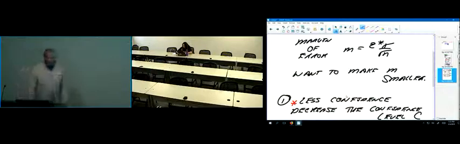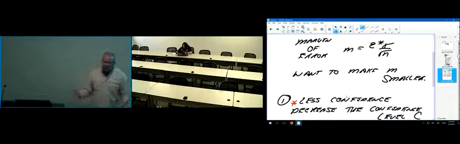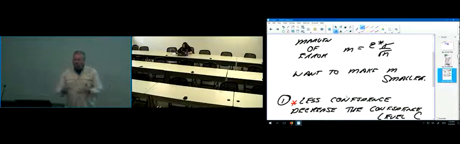In other words, instead of multiplying by 95% confidence, Z star being 1.96, you're willing to settle for 90% and multiply by 1.645. Which one makes the smaller number? Multiplying by 1.645, right? Because you're multiplying by the Z star, multiplying by a smaller Z star will make the margin of error smaller. And I'm sorry, my hands do this because the margin of error is setting the width of your interval. Okay?